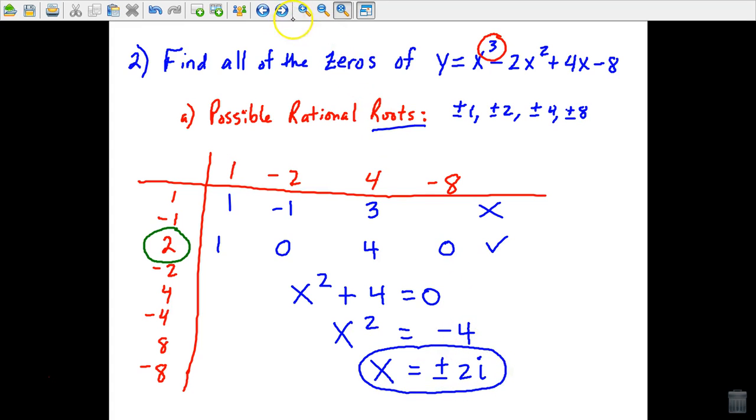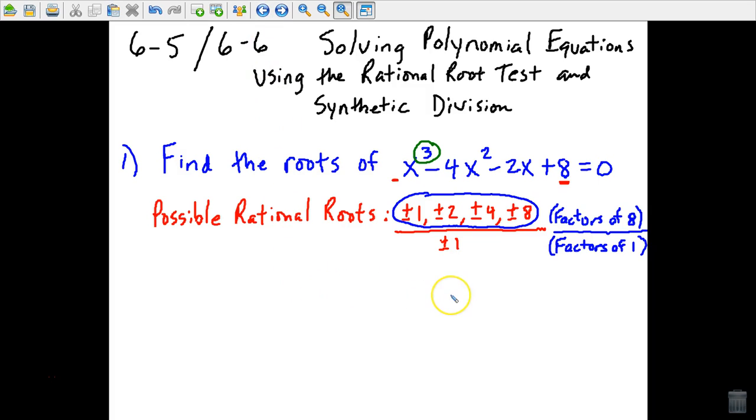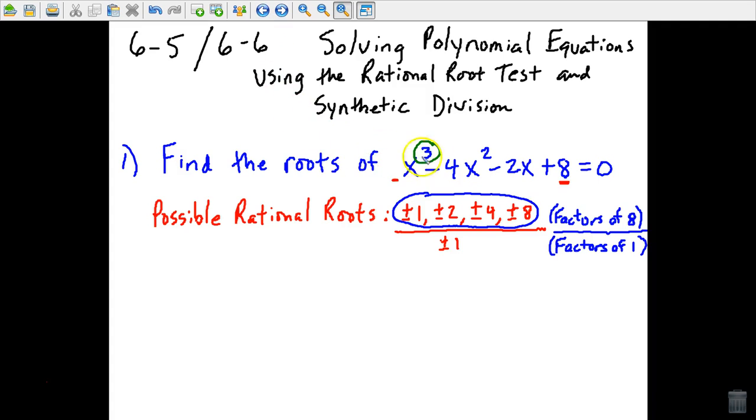Now I want to show you something about those first 2 problems that is always true, and if you pick up on this pattern, then it will save you a lot of time in working your way through the table and trying to find the actual rational root. Do you notice these coefficients? 1, -4, -2.